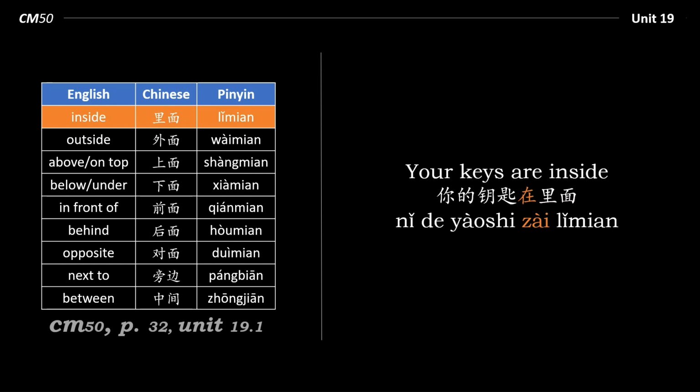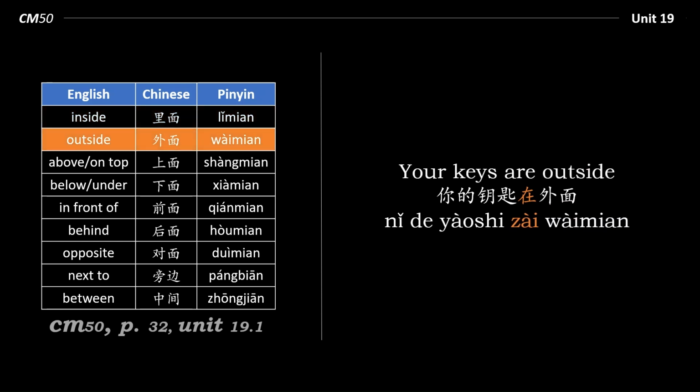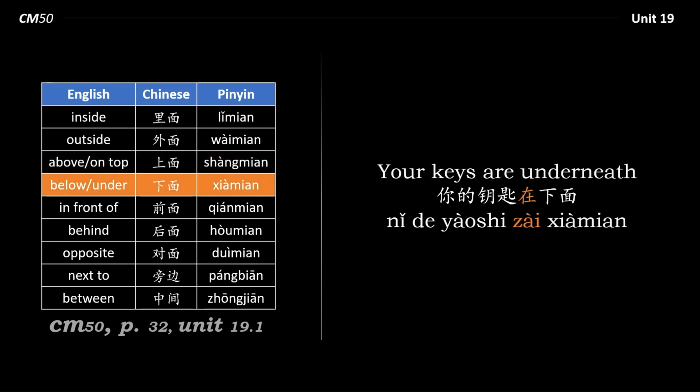So all we've done here is take the position word 里面, which means inside, and place it directly after 在. 你的钥匙在外面. Your keys are outside. 你的钥匙在上面. Your keys are on top. 你的钥匙在下面. So very straightforward. We take the position word and place it directly after 在.